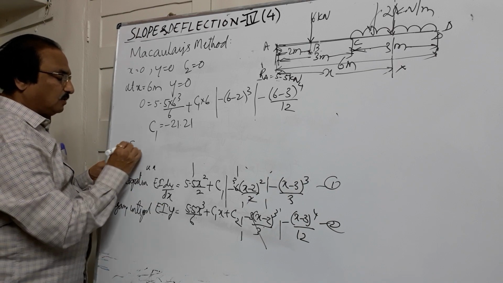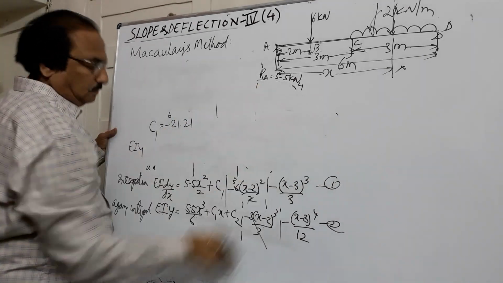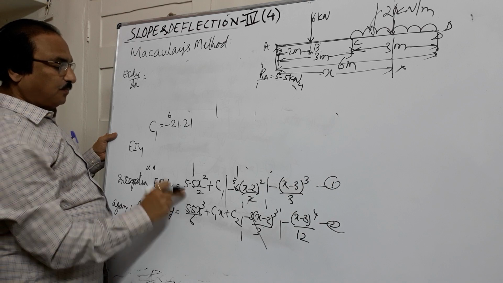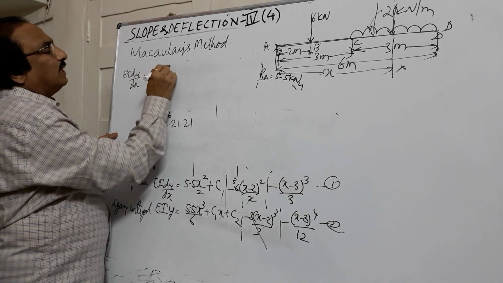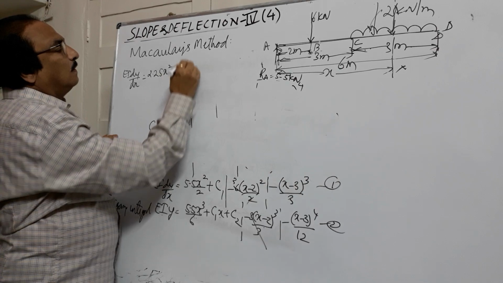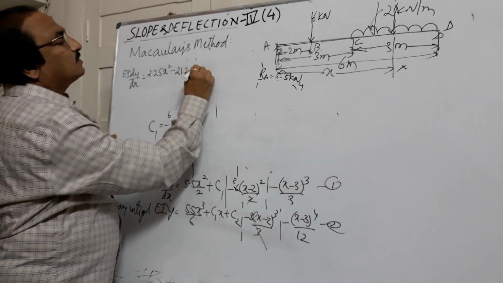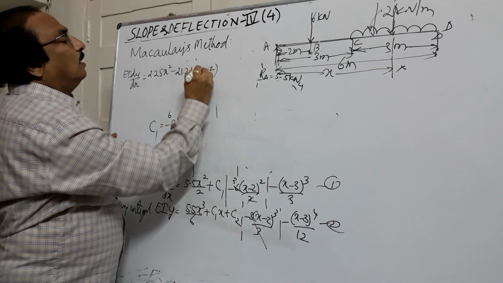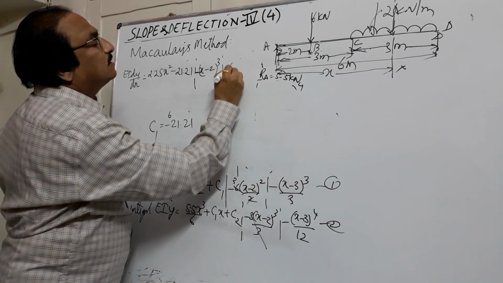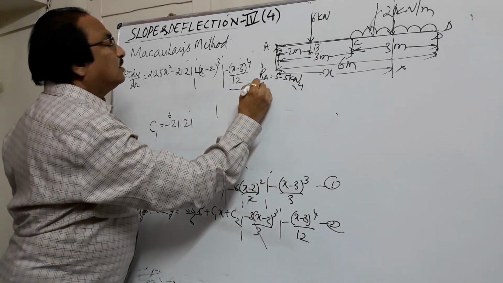Let us substitute the values: EI dy by dx is equal to 2.75 x square, I have simplified this, plus C1 which is minus 21.21, plus C2 which is 0, then left out is x minus 2 raised to 3 minus, and here minus x minus 3 raised to 4 divided by 12. So this equation is the slope equation.